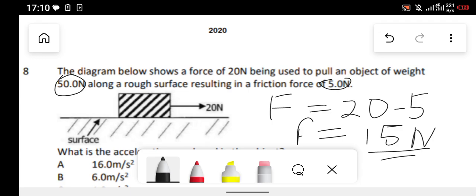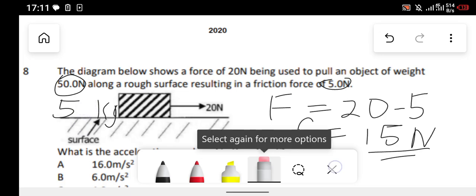So to convert it into mass, you simply divide this figure by 10. In this case, if you divide 50 by 10, you're going to get 5. So our mass will be 5 kg. That's how you change weight into mass. So it's 5 kg.